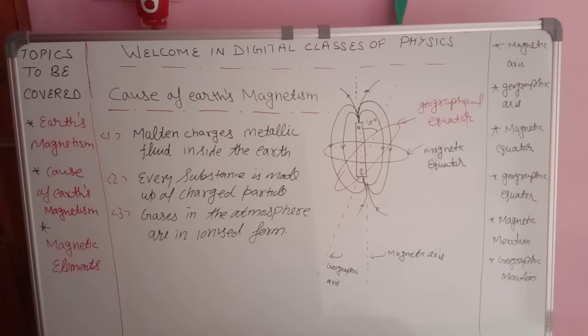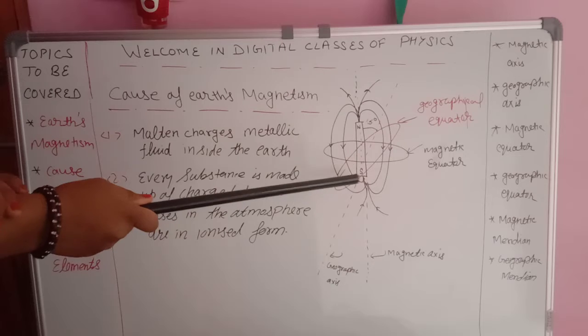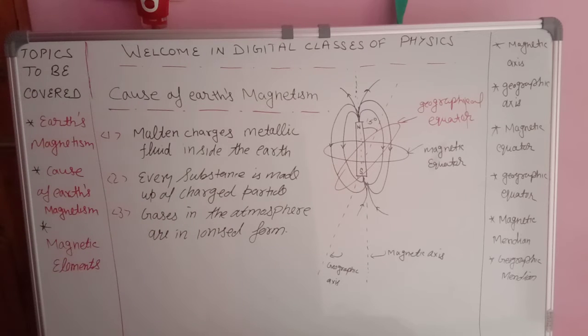Now when this magnet is suspended in space, it will align itself such that geographical north is towards its north and geographical south is towards its south.